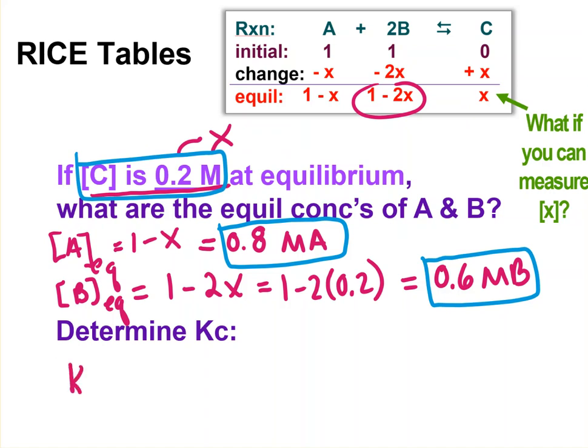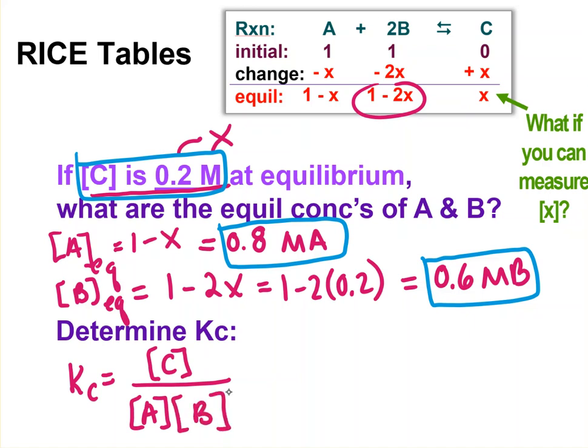First, I come up with the expression. The expression is just this equation where I say products over reactants, going back to my reaction, C over A and B, but the B is squared because of the coefficient.